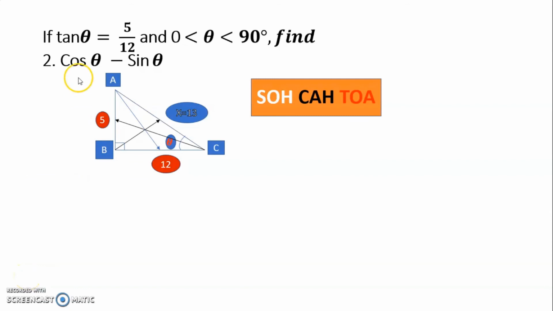Question 2, how do we find cos theta minus sin theta? The first thing we will note is that cos theta is adjacent over hypotenuse.